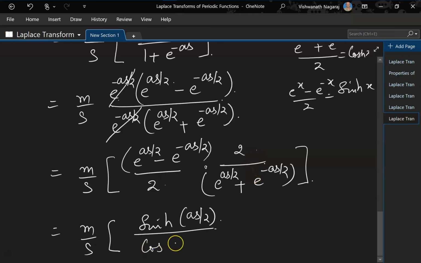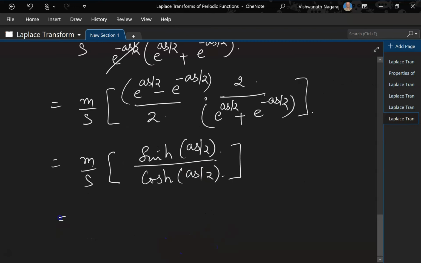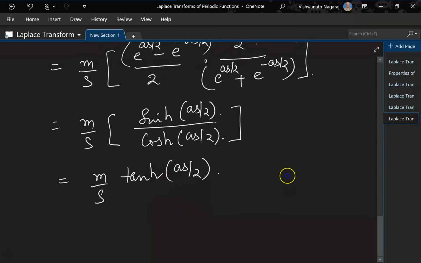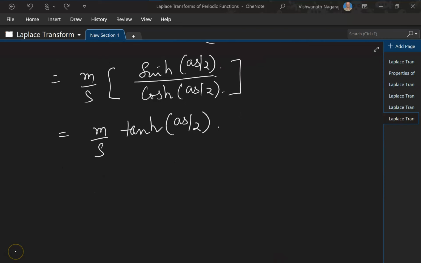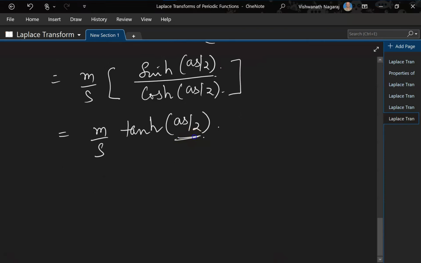Since it is multiplicative inverse, it will go to the denominator, which means M by S sine by cos is hyperbolic tan of as by 2.